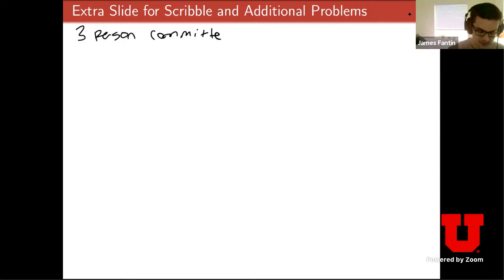Okay. So in this problem 7, we're basically randomly drawing this school committee. So we've got this 3-person committee, and we're randomly drawing them.